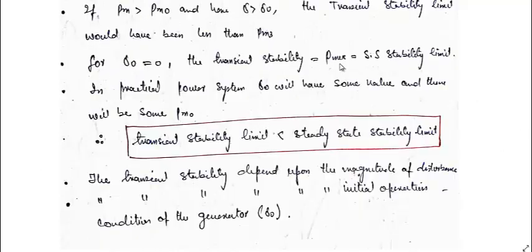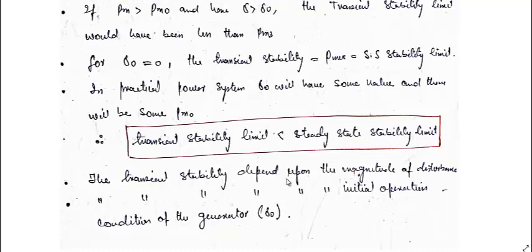Pm3 minus 0 will be Pm3, that's Pmax. The transient stability limit would have been Pmax, which is also equal to the steady state stability limit, which we have already discussed. So in practical power systems, delta naught will have some finite value and there will be some Pm naught. So the transient stability limit will definitely be less than the steady state stability limit in a practical power system.